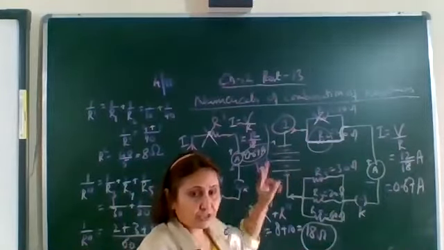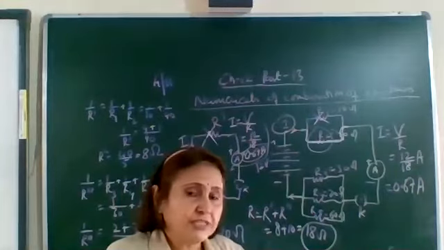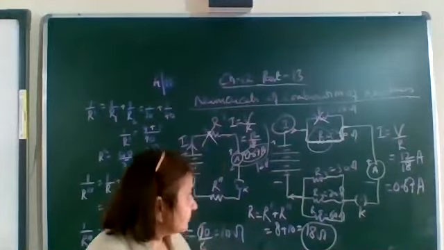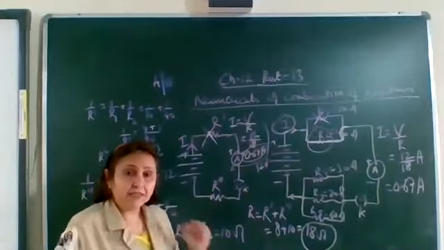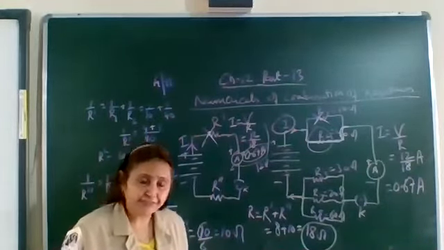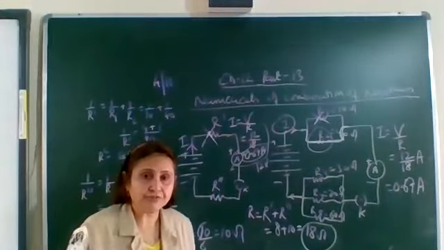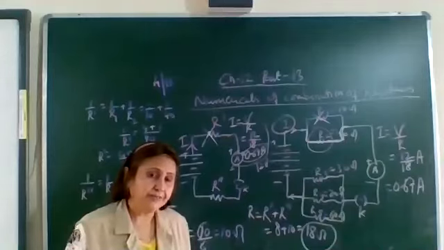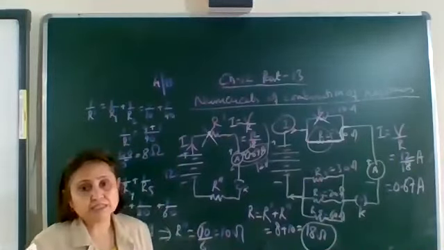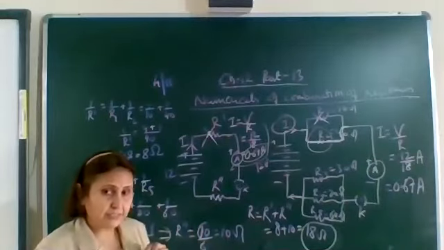So these are the two disadvantages of the series combination. The first disadvantage is that the electrical gadgets have different resistances, so they require different amounts of current, but if they are connected in series, the same current will flow through them.